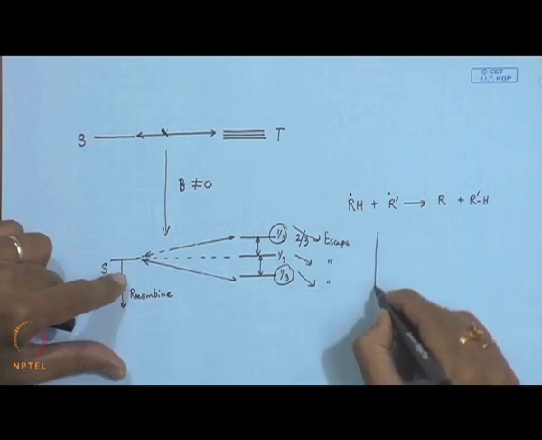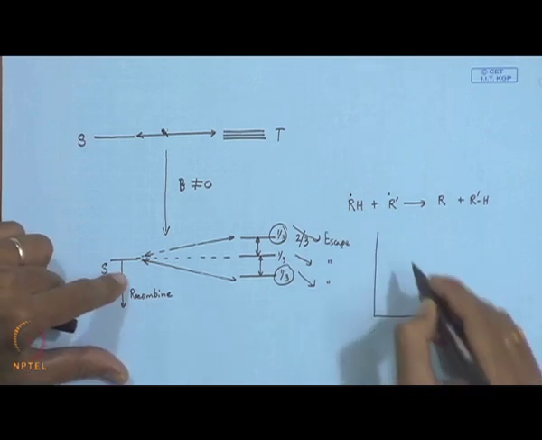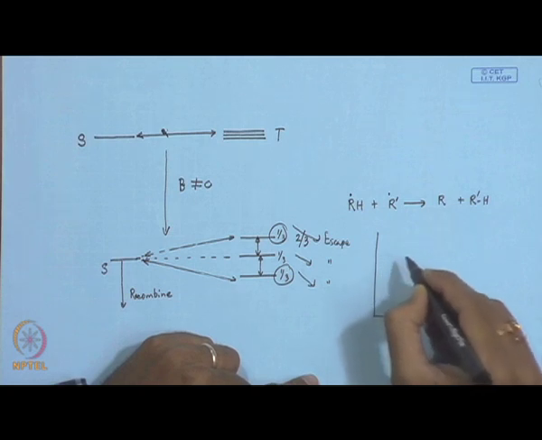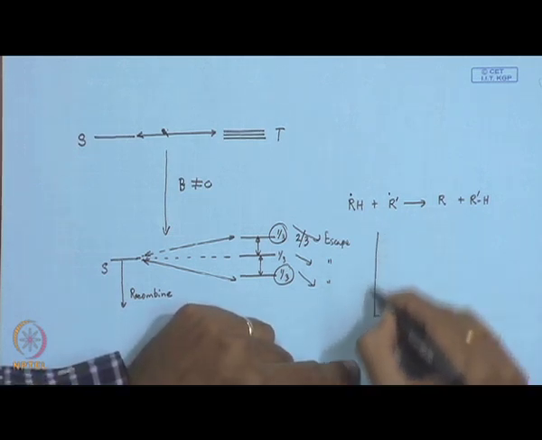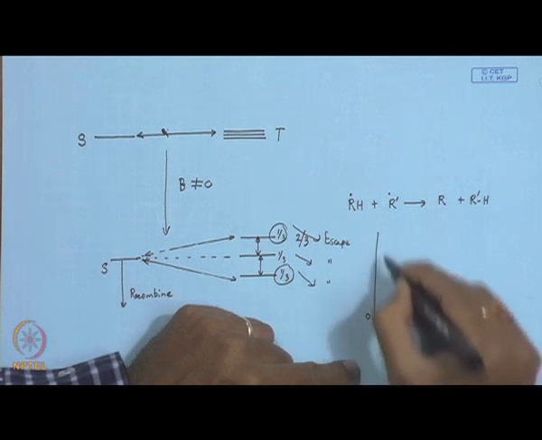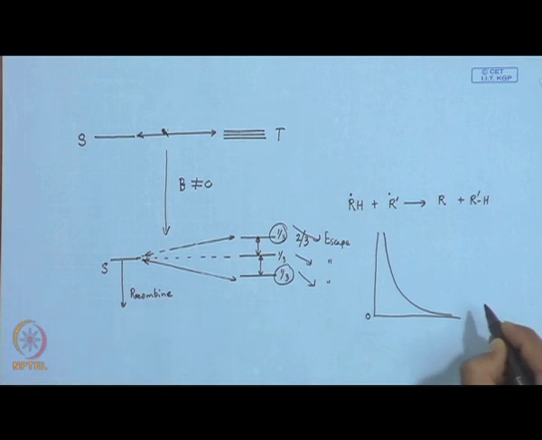So that's why when you take the signal from the oscilloscope, you will see that if it is a truly 100% recombination, then this is your 0 of y axis. So this will go very close to 0 of y axis.